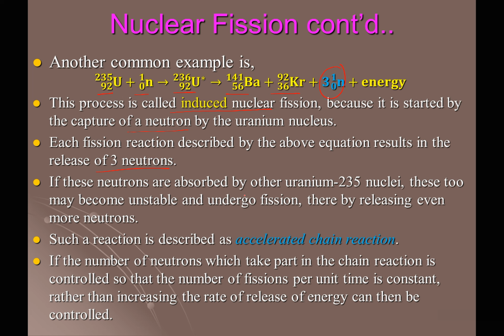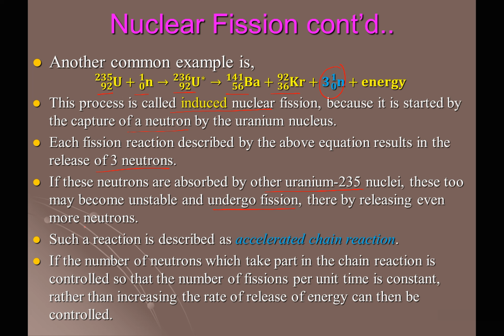So if these neutrons are absorbed by other uranium-235 nuclei, these may become unstable, and therefore they would undergo what we call a nuclear fission, thereby releasing even more neutrons. So we started with one uranium nucleus and one neutron in a sample, and it is absorbed by a single uranium nucleus.